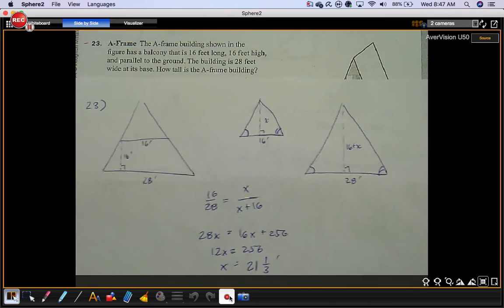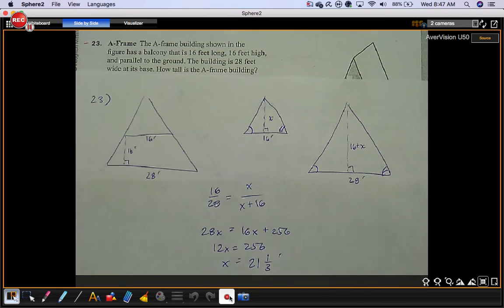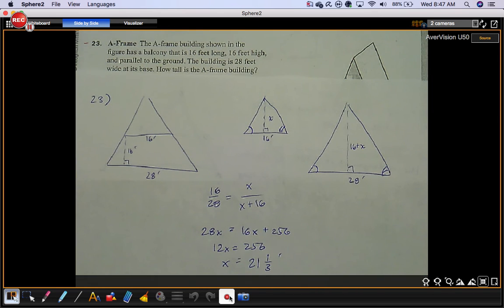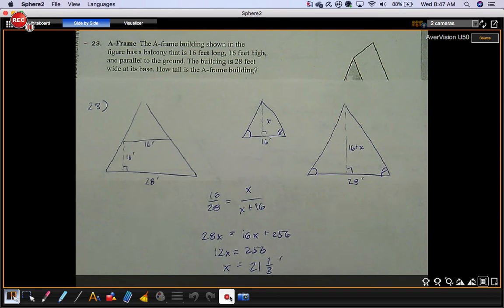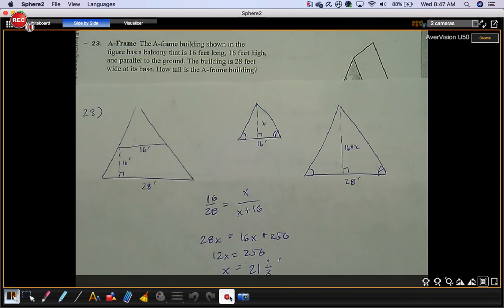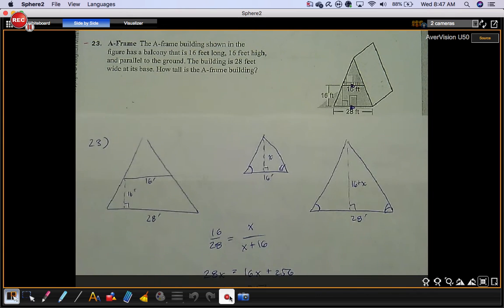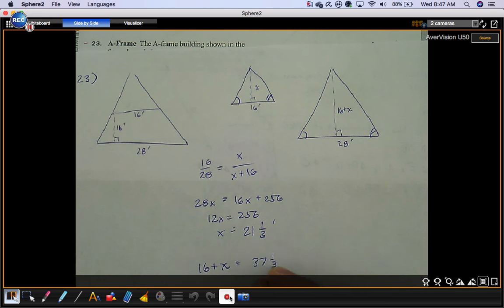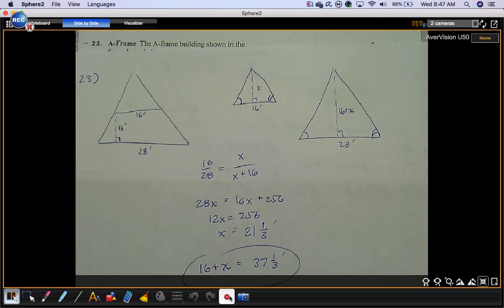Now they ask you, how tall is the building? So it's 16 plus that. I'm not real sure how to write that. We'll just say 16 plus x equals 37 1/3 feet. That's your answer.